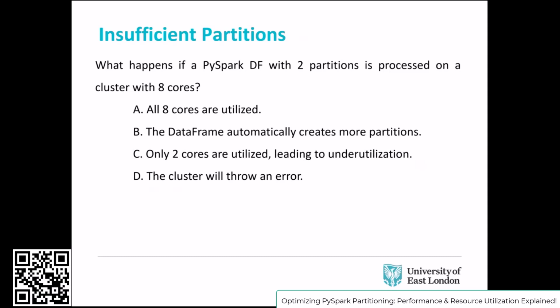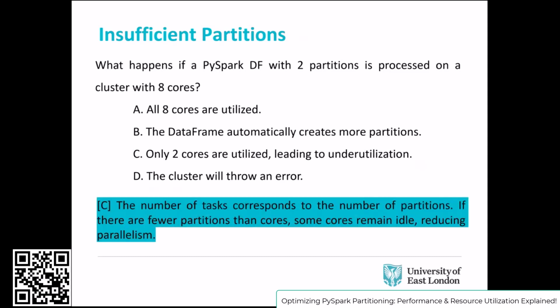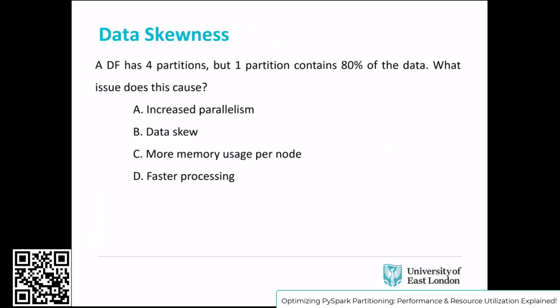What about the other 6 cores? See, only 2 cores are utilized. This is underutilization, a big concept in parallel processing. I think, okay, but this question is not really a good formulation.